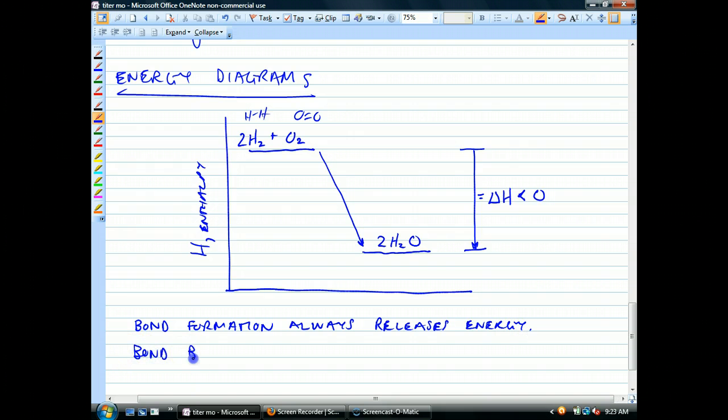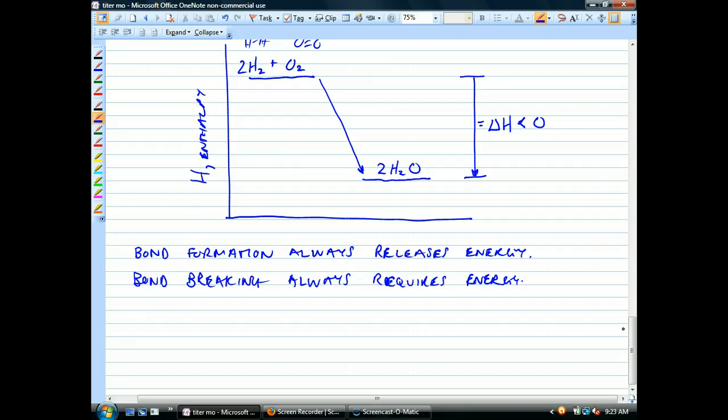And bond breaking always requires energy. So what we're saying in this case, now these are true.